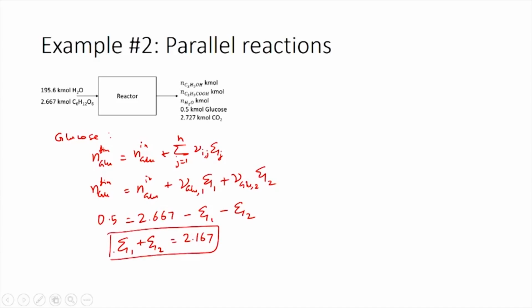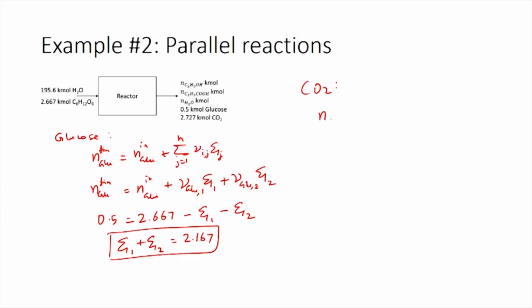Similarly, we can write a balance equation for carbon dioxide. Carbon dioxide takes part only in the first reaction. There is no carbon dioxide involved in the second reaction. For this reason, the equation becomes simpler.